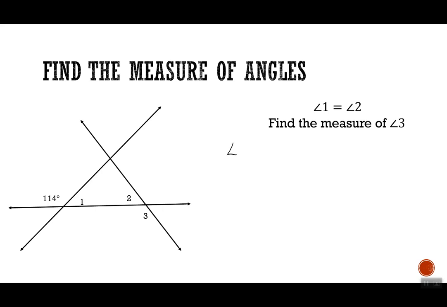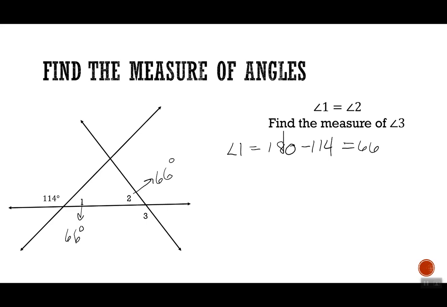So angle 1 will be 180 minus 114. This gives me 66. So let's write that angle 1, I'm going to write it underneath because I don't think I can get it in there. Now, we also know angle 1 and angle 2 are the same, so let's write up here that angle 2 is 66.